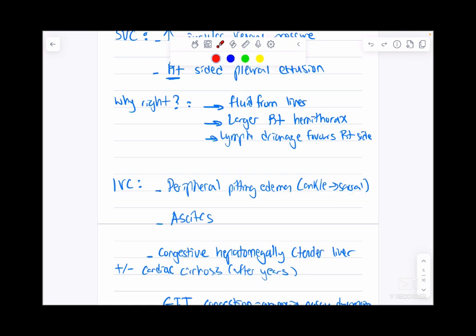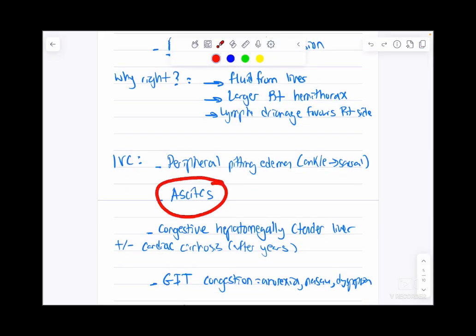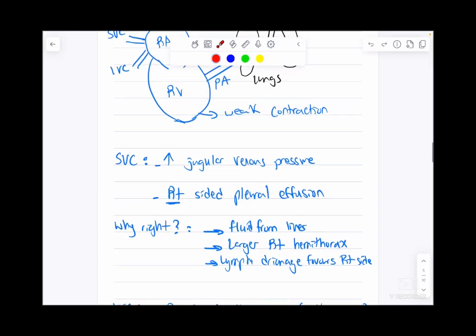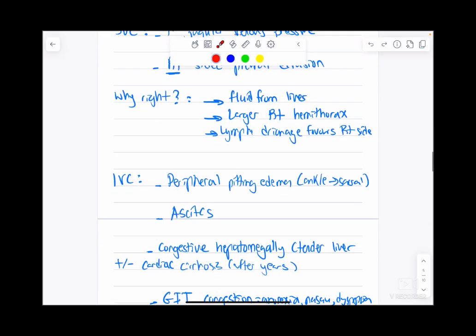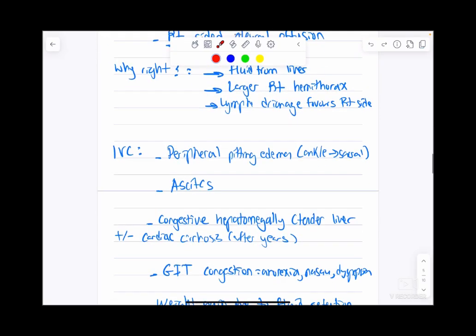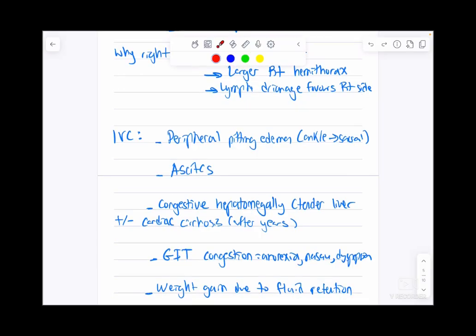Obviously because of the water and the fluid due to poor venous drainage. Ascites, same idea. Poor venous drainage causes systemic congestion, which causes ascites. Congestive hepatomegaly, the patient will have a tender liver, so typically right hypochondrial pain, and in the long term, he or she might even develop cardiac cirrhosis after years and years.